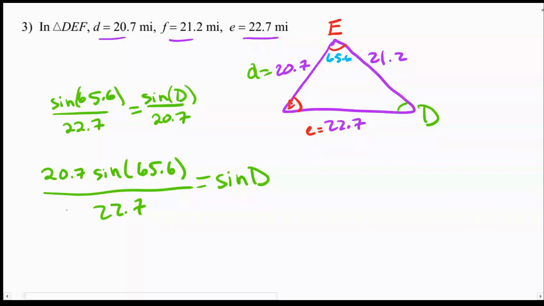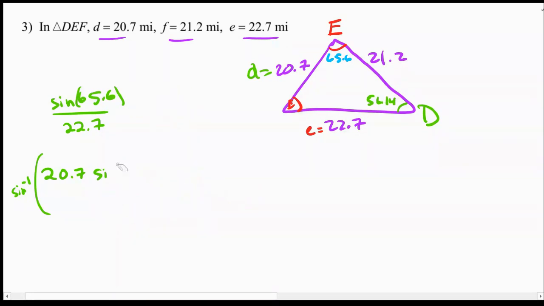Once I do all of this here, I want to solve for the angle, so I'm going to do the inverse sine of both sides, and I get my value of D, which is about 56.14 as my angle measure.